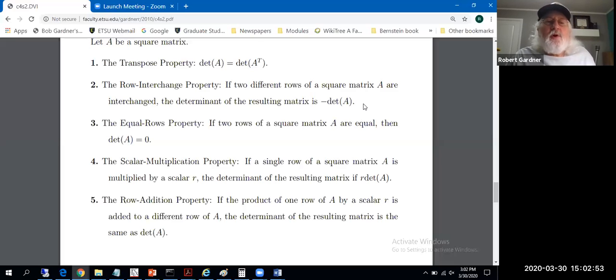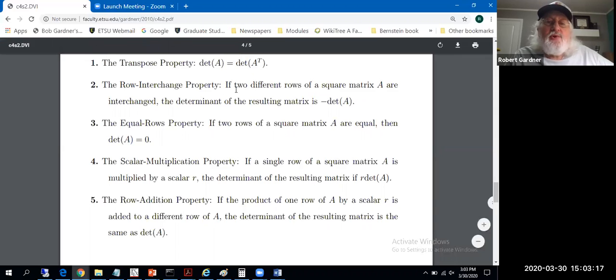But to perform changes of a matrix that produce a new matrix for which the determinant's easy to find and the determinant's not too different from the original matrix, we're going to use row interchange, because we'll have to, and we're going to use this row addition property. We're going to avoid using scalar multiplication and the other stuff.